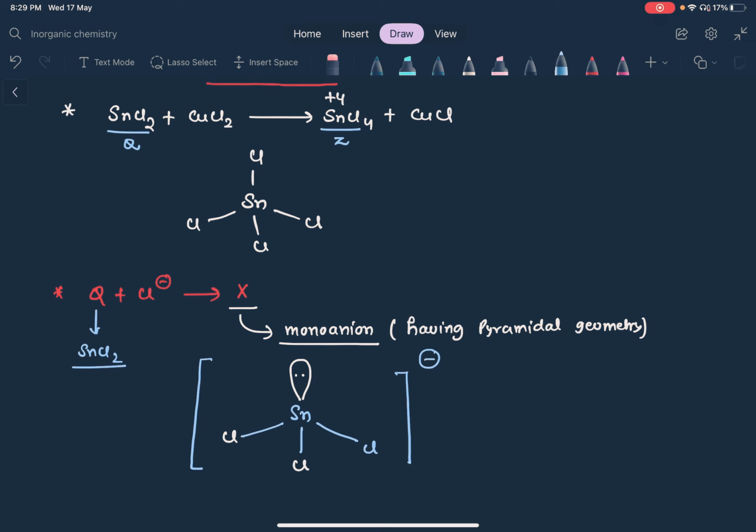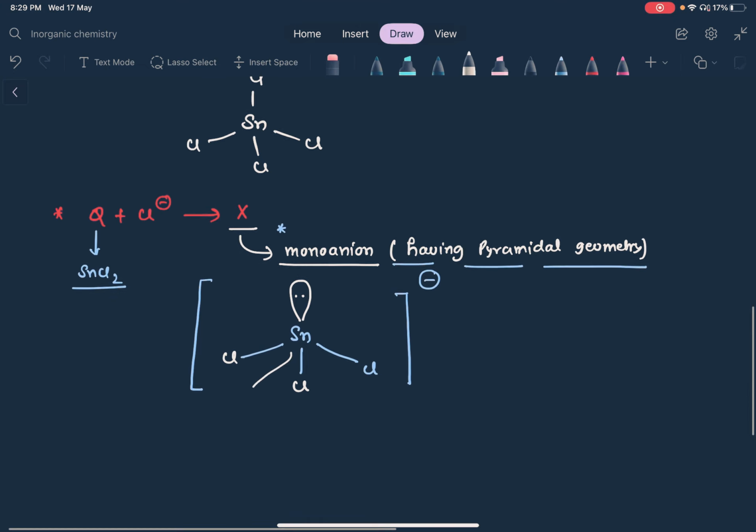So by taking these two pieces of information into consideration, SnCl2 will react with one Cl minus ion and form the SnCl3 minus ion. The hybridization state of tin here is sp3, with one lone pair of electrons. It's a basic common reaction: SnCl2 is reacting with the Cl minus ion, and the Cl minus ion is donating its electron pair. It is a Lewis acid base reaction.